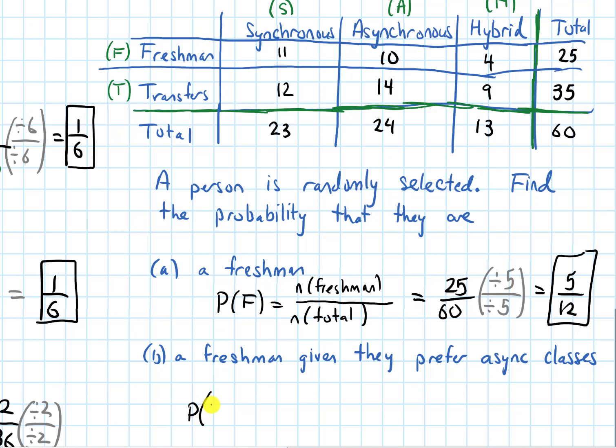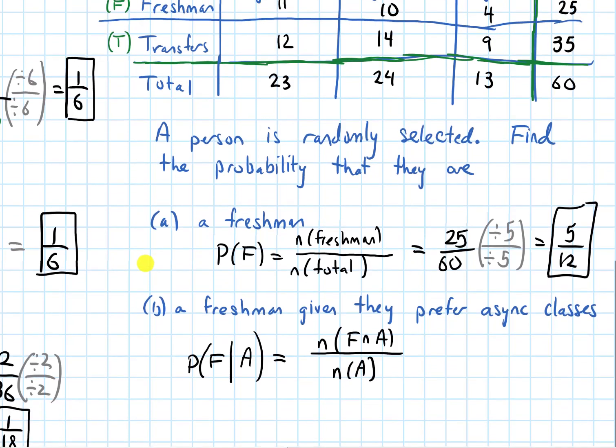The probability that they're a freshman given, so vertical line, given that they prefer asynchronous classes, so A. Using our formula for conditional probability, we need to count the number of elements in the intersection of these two, F intersected with A, and then divide that by the number of elements in A, because that is our new sample space that we are limiting ourselves to, because we're given that we must be in A.